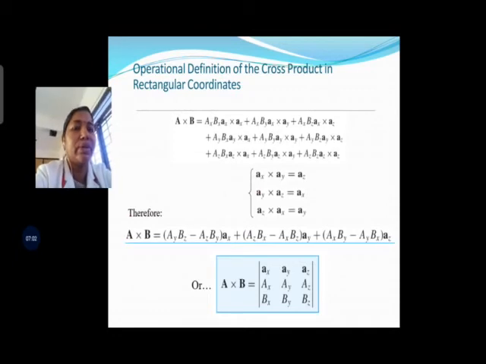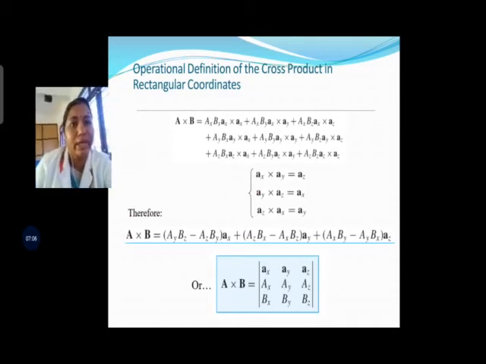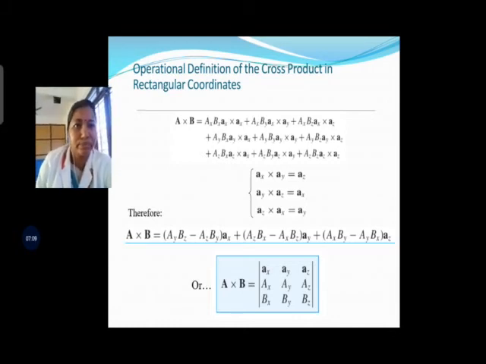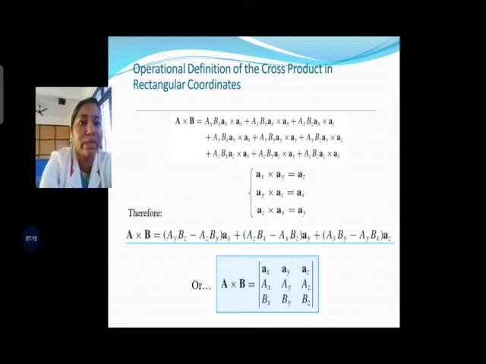Here we are going to write A cross B. For A cross B, we can write ax, bx. If you multiply the same thing in a cross product, you will get 0. If you multiply alternate things, like x and y, you will get z as the answer. Like y and z, you will get x as the answer. Then x and z, you will get y as the answer.